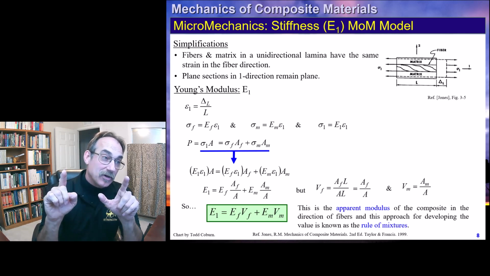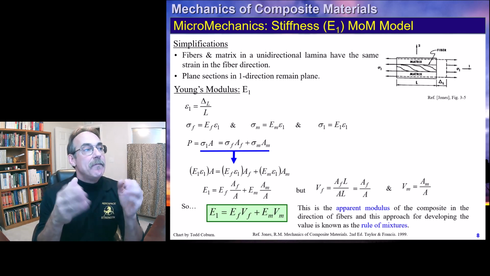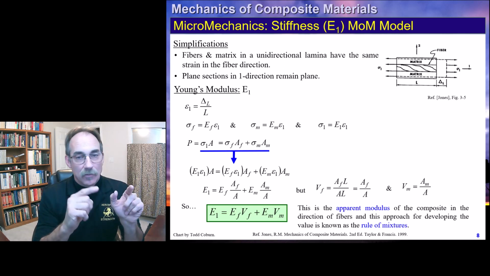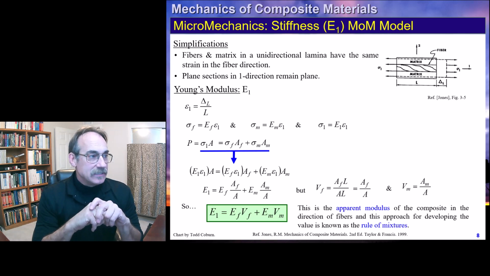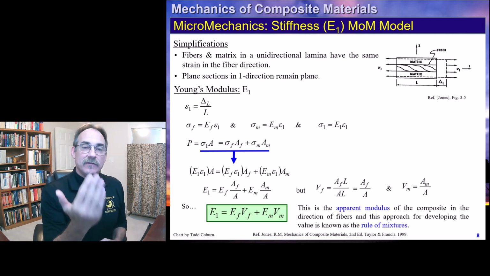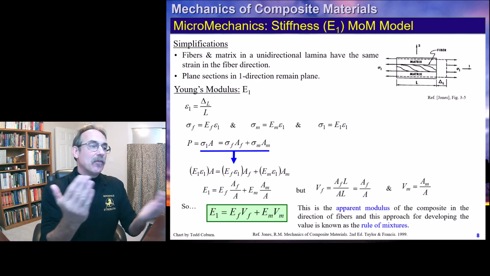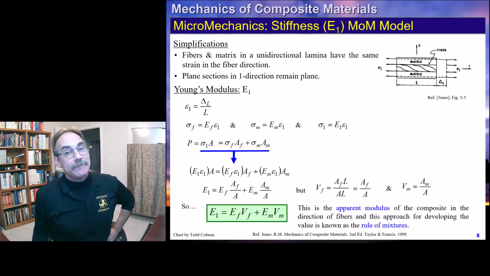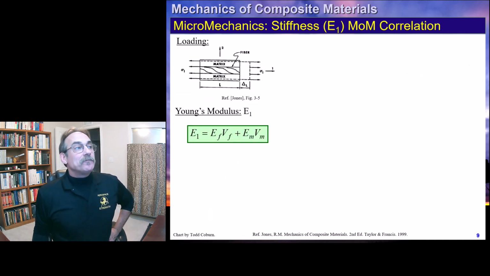That's the principal material direction. And we call this method of developing it using a mechanics of materials approach the rule of mixtures, because it's saying, hey, the total property is proportional to the relative amounts of each, or mixture of each. Okay? All right, great. Sounds good so far.